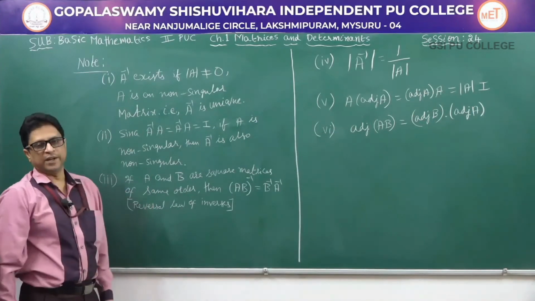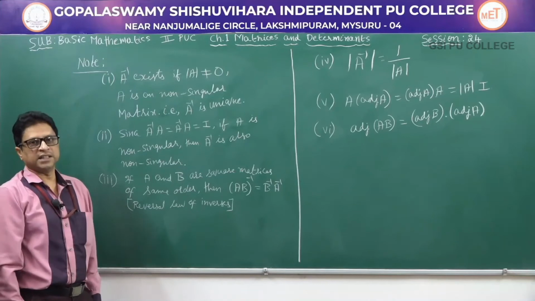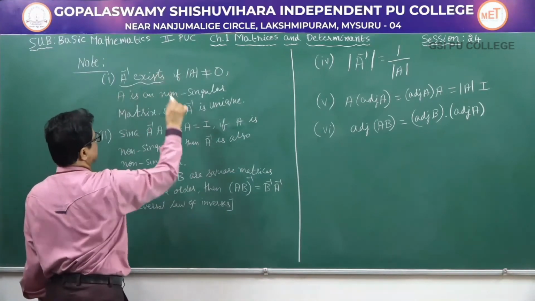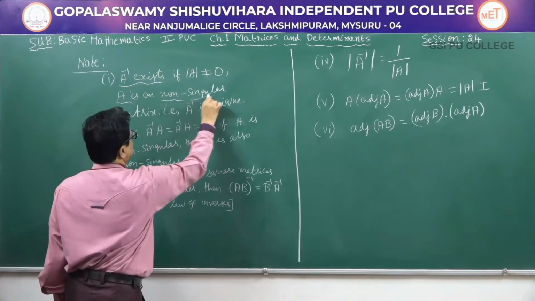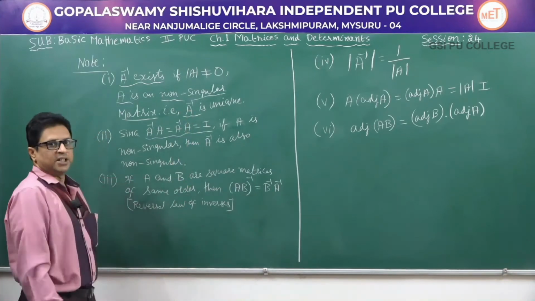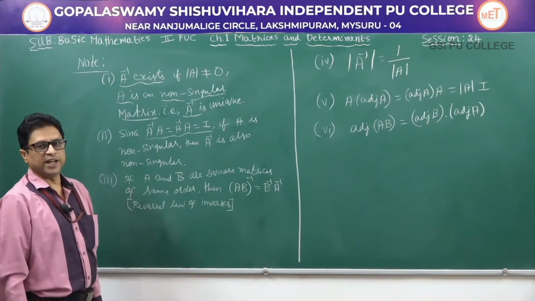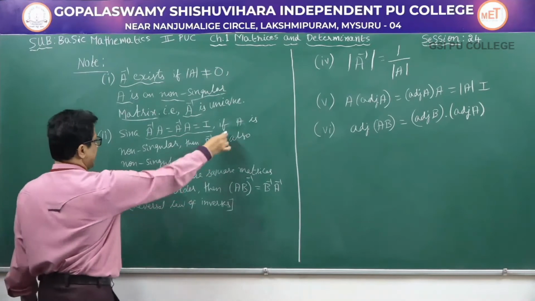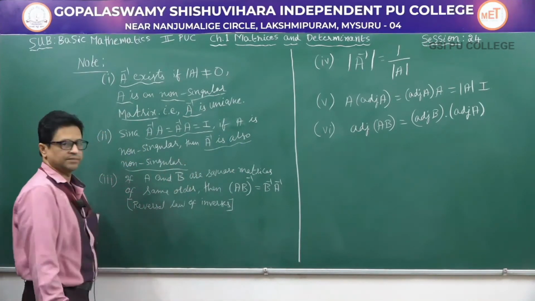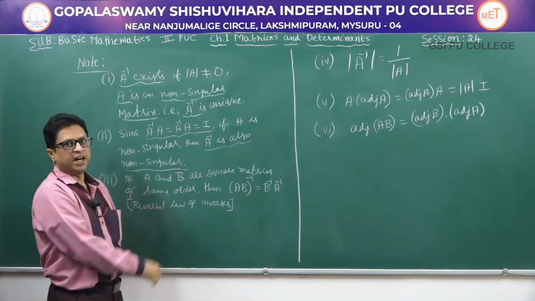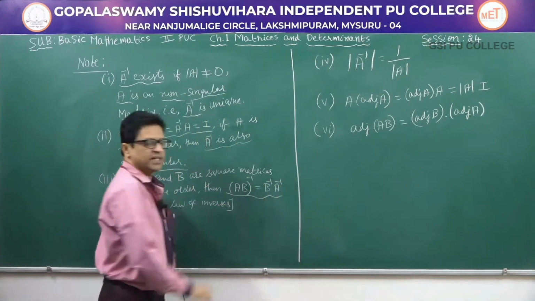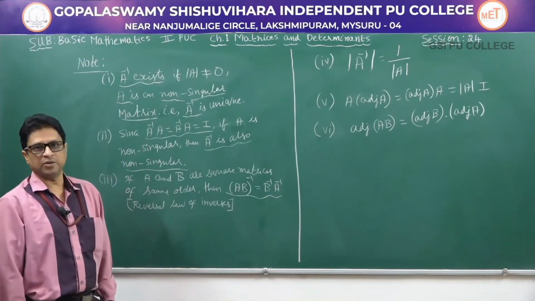These are the few important points regarding the inverse of a matrix. A inverse exists if A is a non-singular matrix. A inverse into A is equal to A inverse into A is equal to I implies that if A is non-singular, A inverse is also non-singular. If A and B are square matrices of same order, then AB whole inverse is equal to B inverse into A inverse.